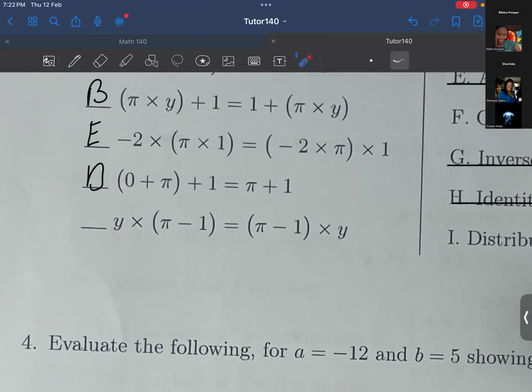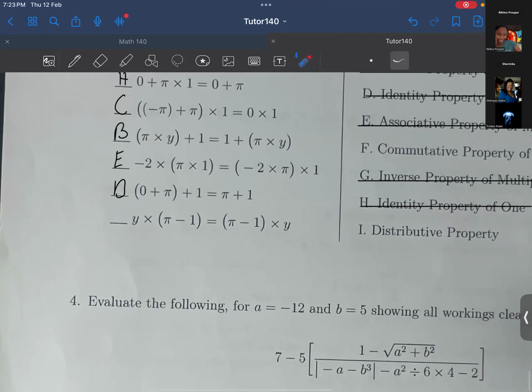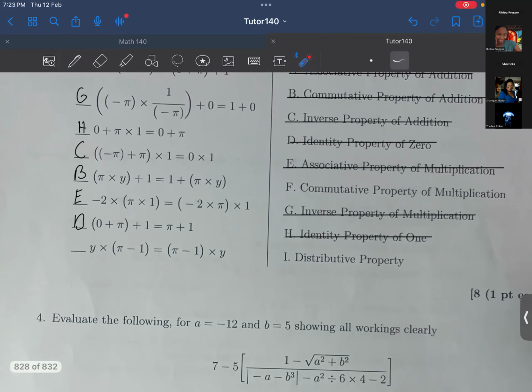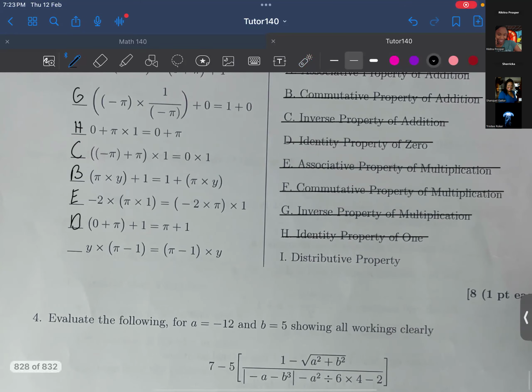If you see, at first we were multiplying y times this. Now we're multiplying this times y, you see? So this is the commutative property of multiplication. And it tells us that when we're multiplying two numbers, we can group them in any way. So the commutative property of multiplication, that is F. Okay.